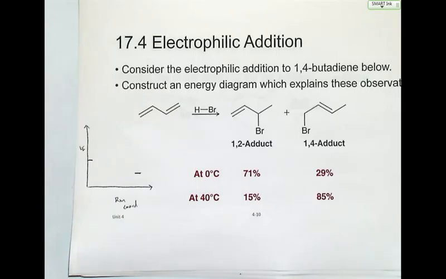So you have to decide which product is more thermodynamically stable, is the first thing. And how are we going to figure that out? Well, we have two different major products. We have a major product at 0 and we have a major product at 40.